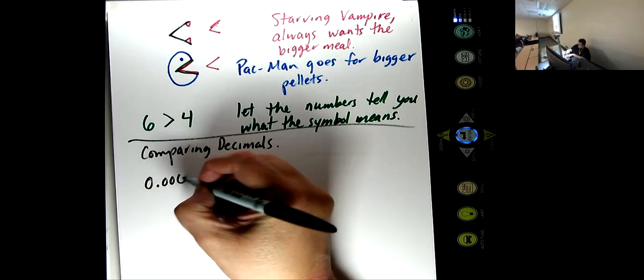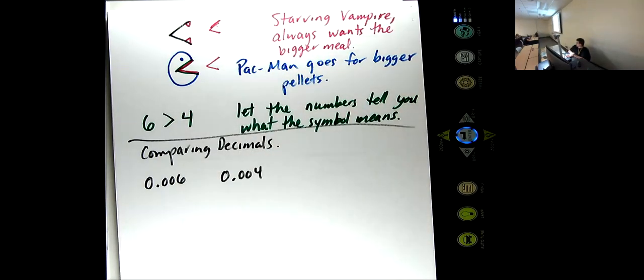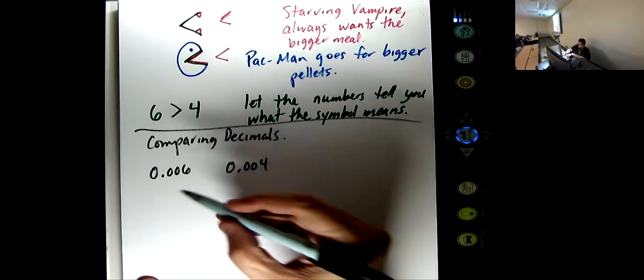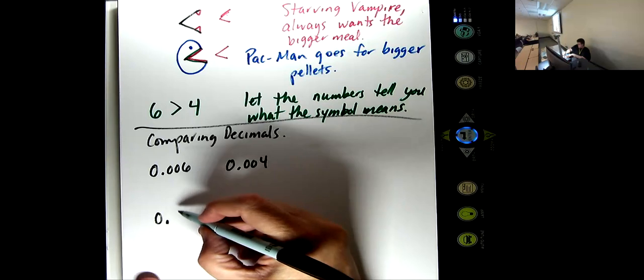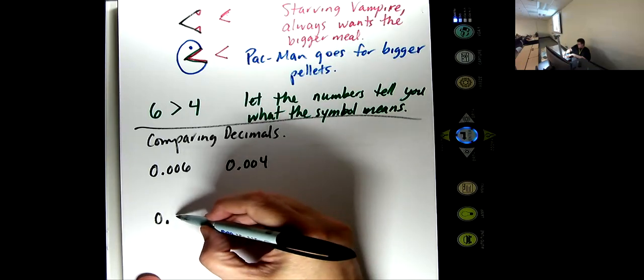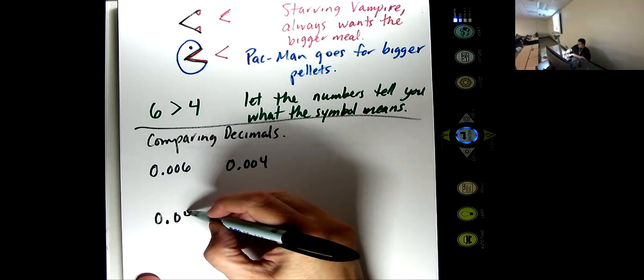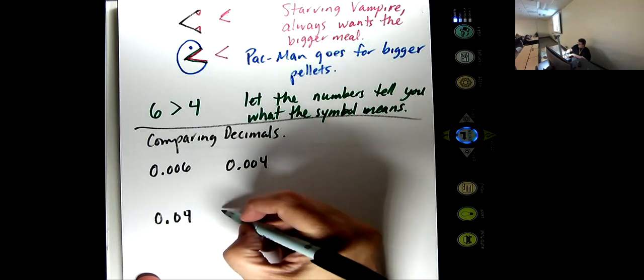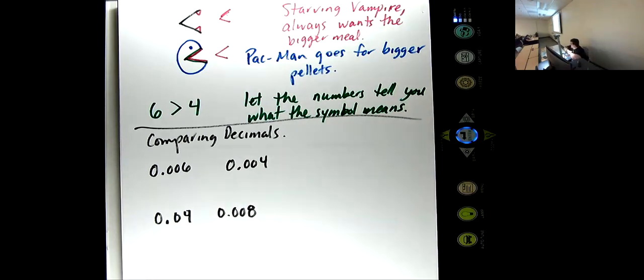Let's say I've got 0.006 and 0.004. And then we're going to look at 0.04 and 0.008. We're going to look at both.